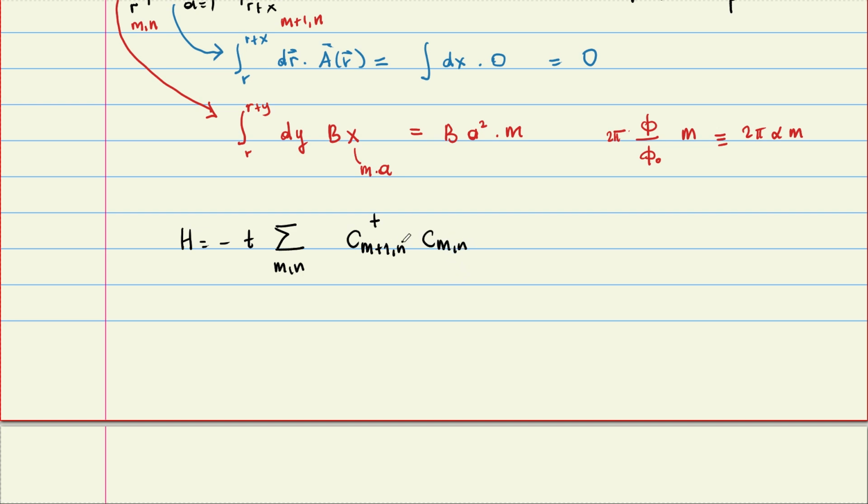So this is the hopping in the x direction, plus now I have this spiral phase, e to the i 2 pi alpha m, c dagger m n plus 1, c m n. I'm hopping along the y direction, plus Hermitian conjugate. Good.